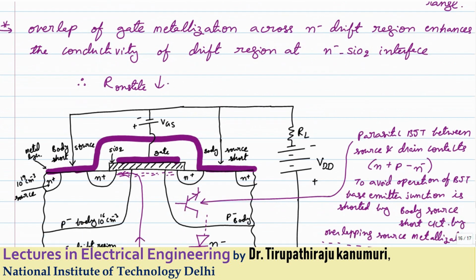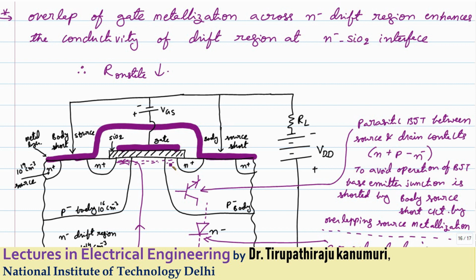Now this overlap of the gate: you can see this gate is covering this entire area. That is called overlapping of the gate metallization, this metal part, across the N minus drift region. It is extended up to the N minus drift region, which enhances the conductivity of the drift region at the N minus SiO2 interface.